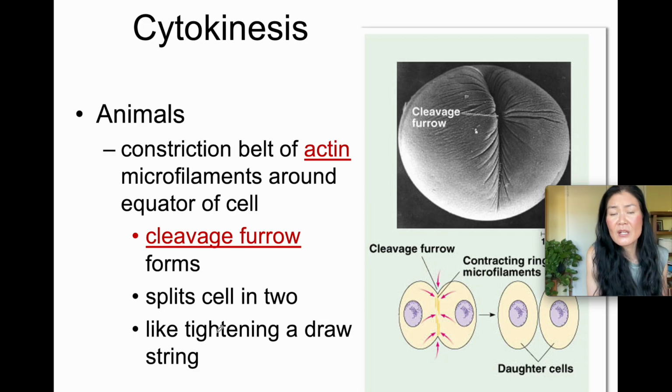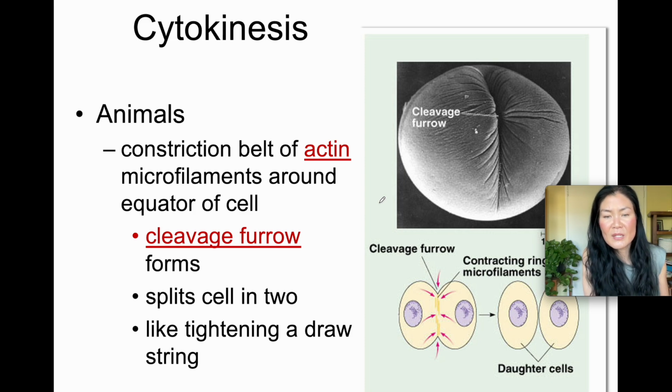In animals, cytokinesis is visible when a cleavage furrow forms. The cleavage furrow forms when actin filaments come into play. We've talked about microtubules, which are part of the cytoskeleton, but we've also learned in the past that actin filaments make up the cytoskeleton. Microtubules are bigger, whereas actin filaments are much thinner.